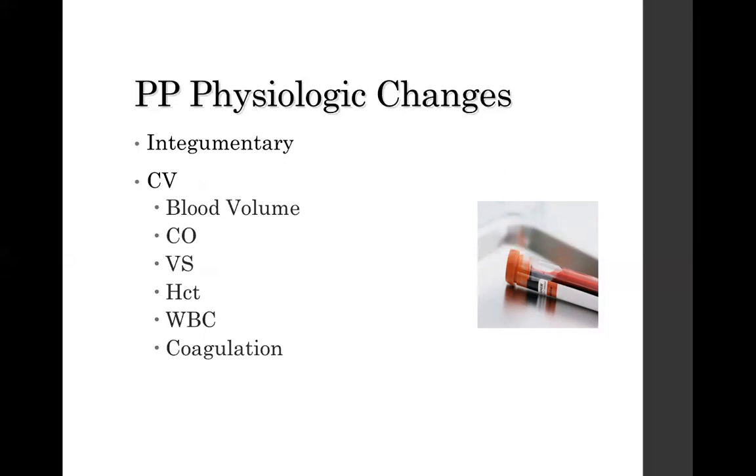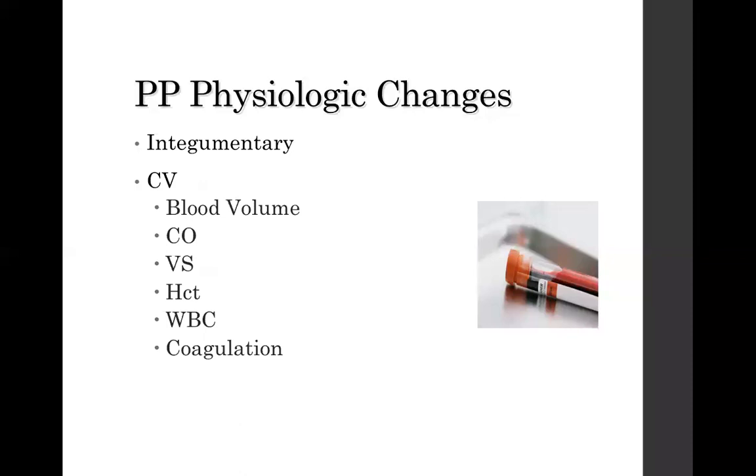Cardiovascular changes. Mom's going to return to her pre-pregnancy state. Estimated blood volume loss is between 200 to 300 mL for vaginal birth and 1,000 or so for a C-section. The C-section loss is going to constitute about 15 to 30% of the blood volume.